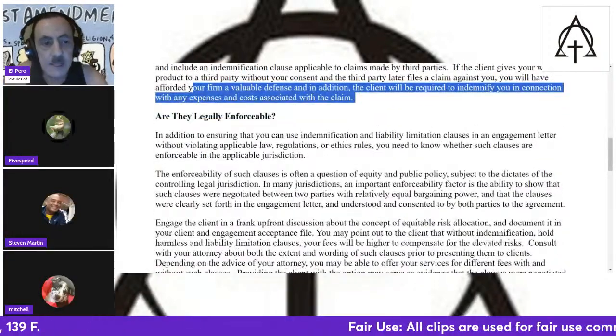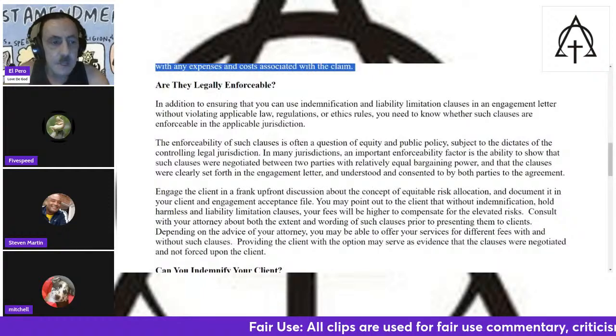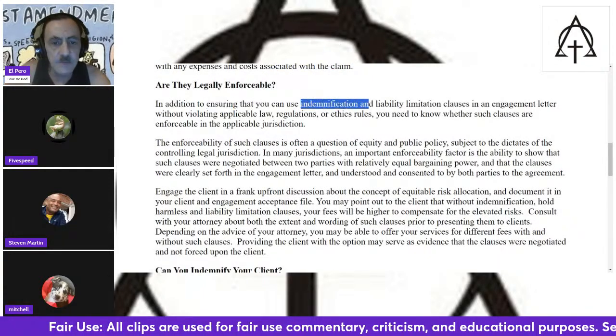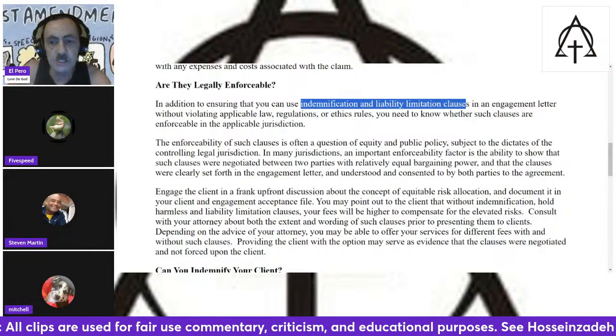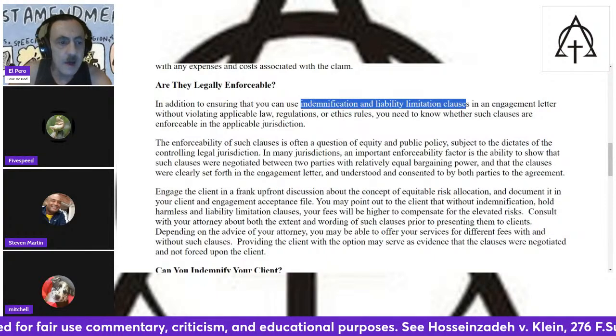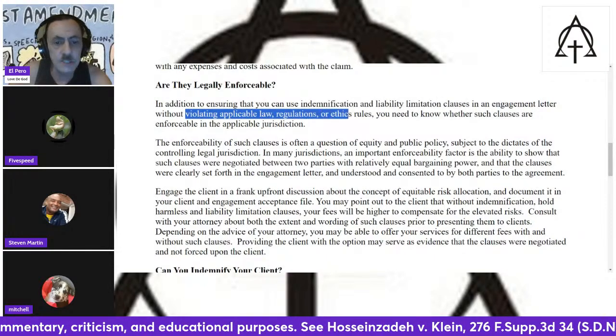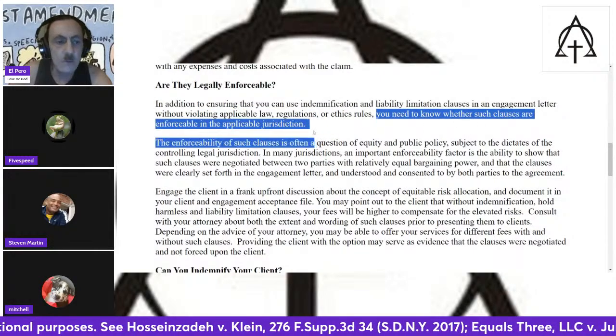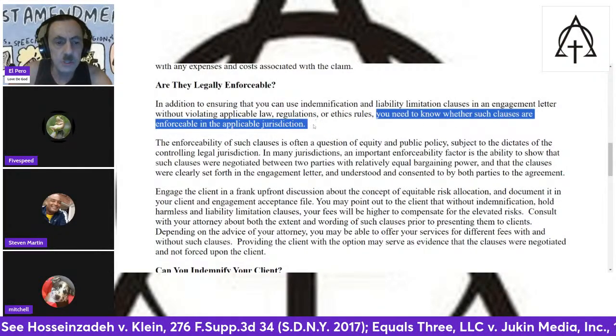Are they legally enforceable? In addition to ensuring that you can use indemnification and liability limitation clauses in an engagement letter without violating applicable laws, regulations, or ethics rules, you need to know whether such clauses are enforceable in the applicable jurisdiction.